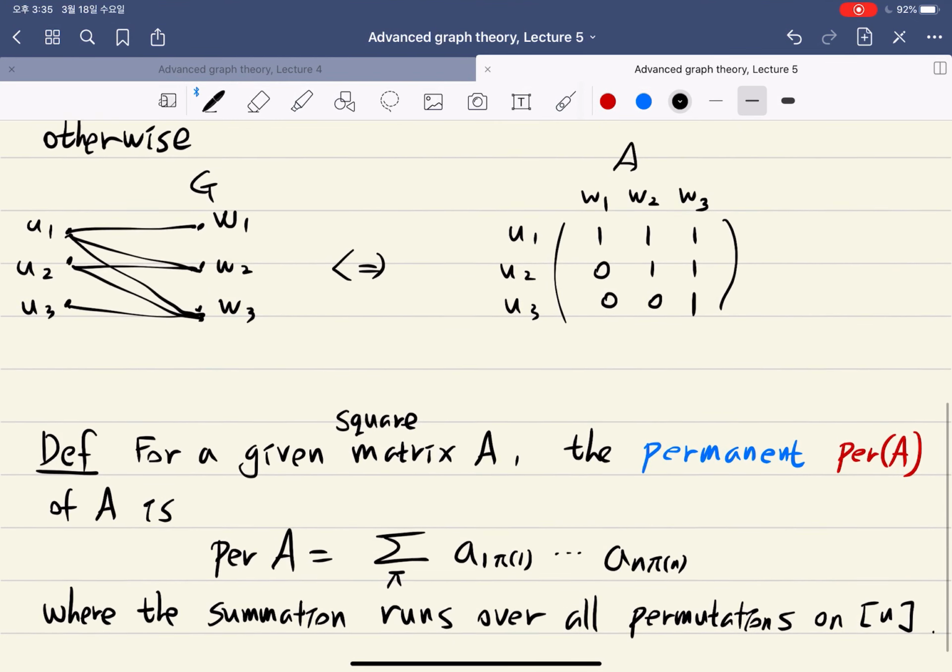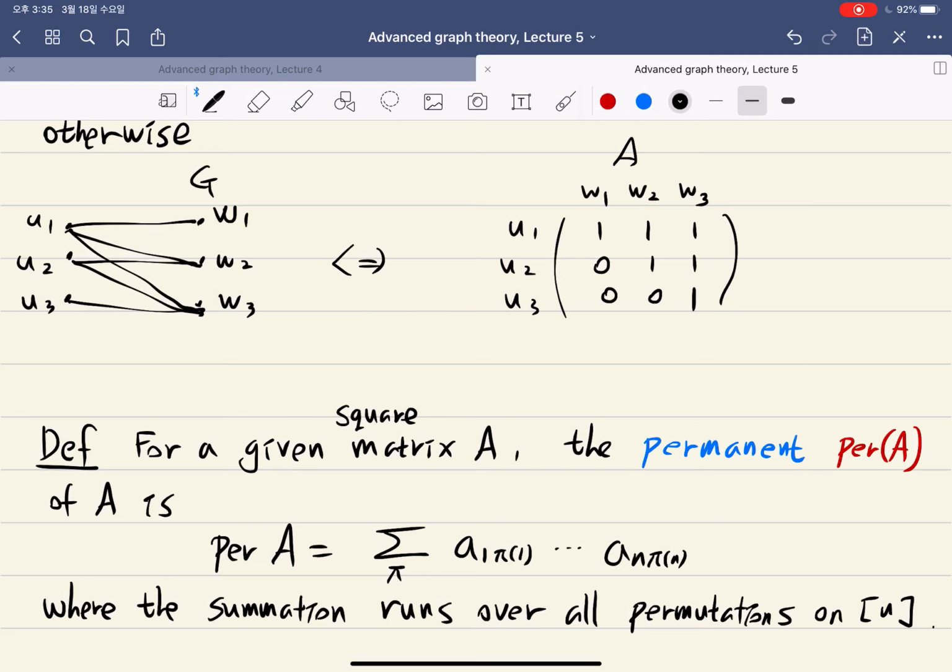So for this particular matrix A, the permanent of A is a sum over 6 permutations: 1, 2, 3; 1, 3, 2; 2, 1, 3; 2, 3, 1; 3, 1, 2; 3, 2, 1. But out of those 6 permutations, it's easy to check that only the identity permutation is a multiplication of 3 ones, and everything else has one component which is 0.